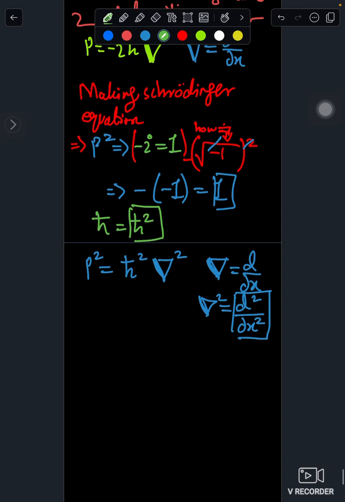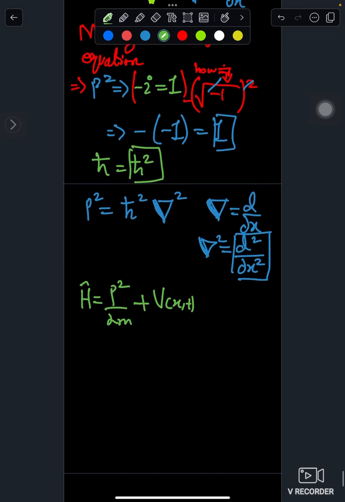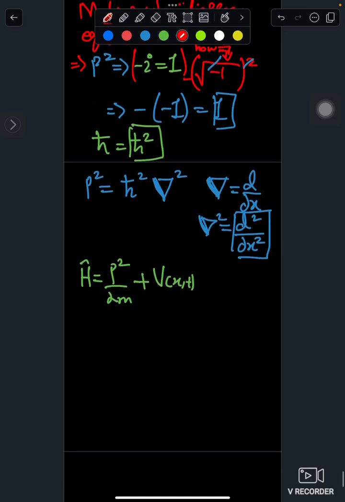Then when we insert this in, H equals p squared over 2m, where m is mass, plus V of x and t. So then apply this: h bar squared over 2m and gradient squared plus V of x, t.